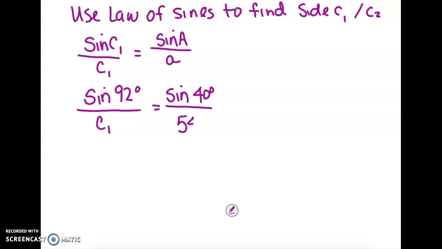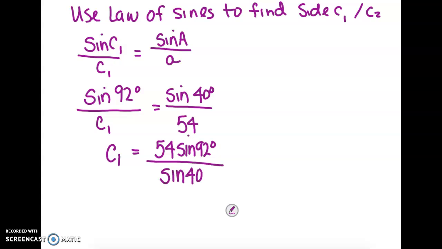We've been doing this a while, so we'll shorten this cross multiplication. C sub 1 is 54 times the sine of 92 degrees over the sine of 40 degrees. We type this into our calculator, and C sub 1 is about 84 units.